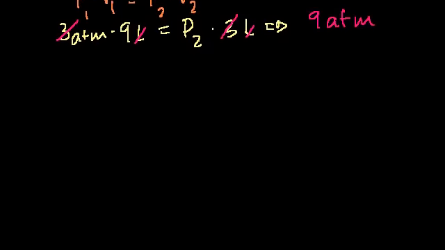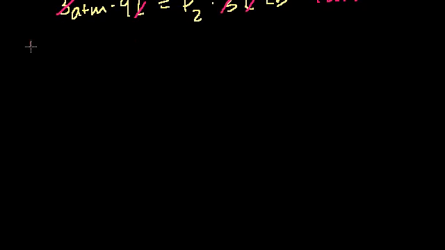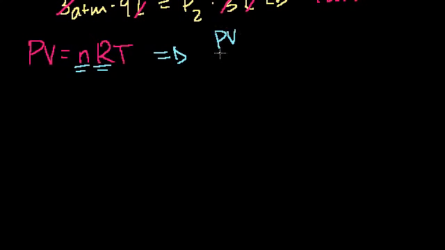Now, you can take that even further. If we look at PV equals nRT, the two things that we know don't change in the vast majority of exercises are the number of molecules we're dealing with, and obviously R isn't going to change. So if we divide both sides by T, we get PV over T is equal to nR, or you could say it's equal to a constant.